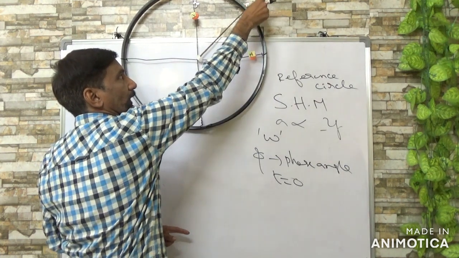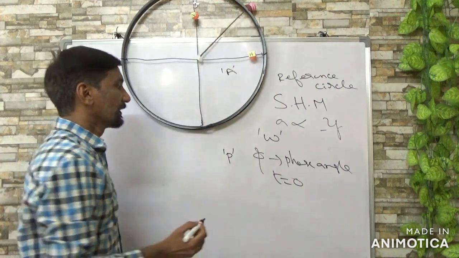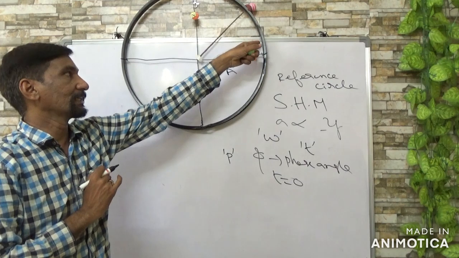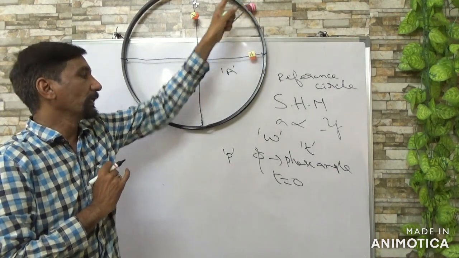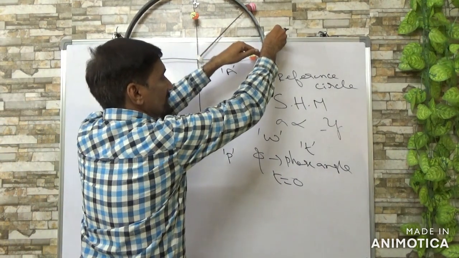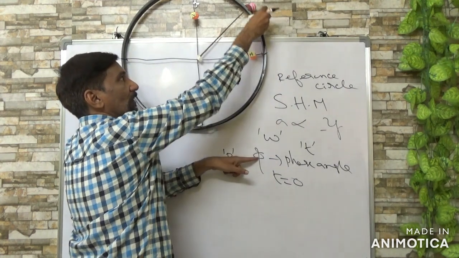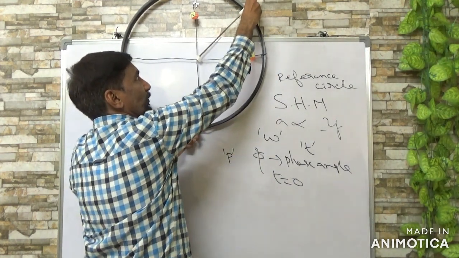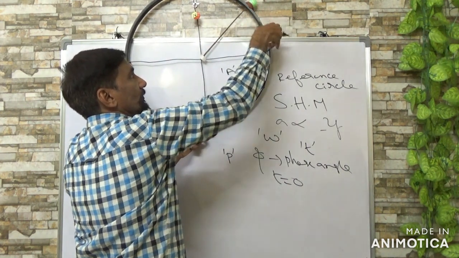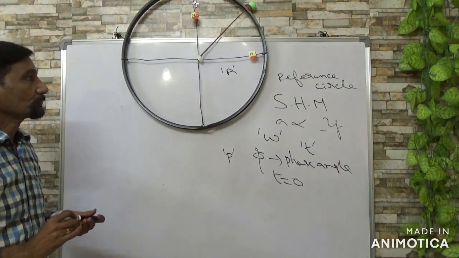Say it reached point P in time t seconds. So in the beginning, with reference to this x-axis, it is making an angle phi. After t seconds, it is on this point.